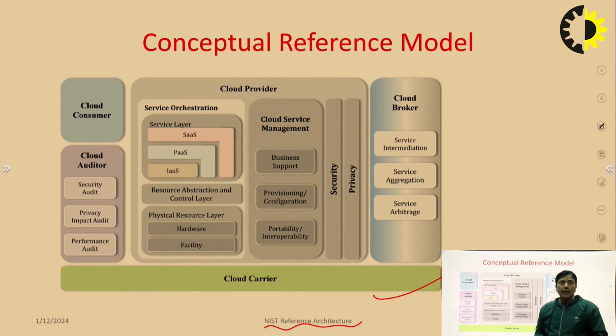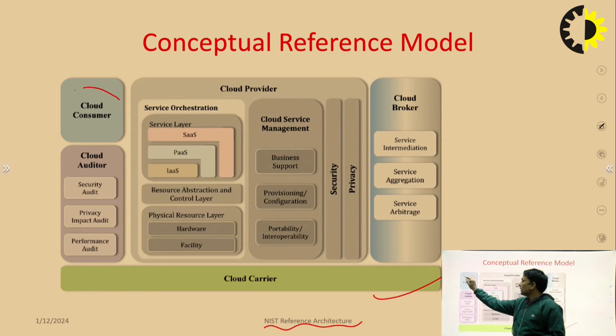As we know, NIST is a very important body in the field of cloud computing, because many of the services, concepts, architectures and models are defined by NIST, the National Institute of Standards and Technology, a USA-based organization that is globally accepted, and that has given different kinds of research and development and new concepts in the field of cloud computing.